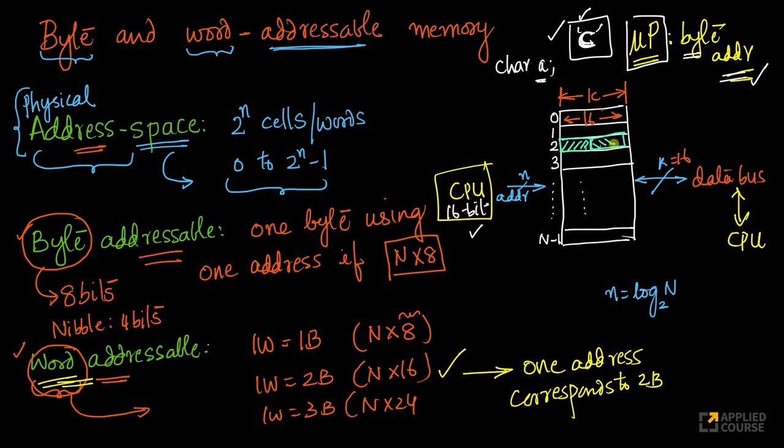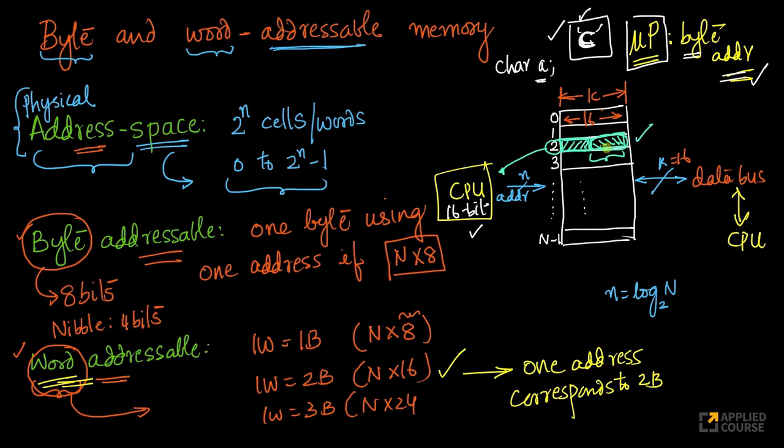This is 1 byte, this is the other byte. So if I want exactly this byte, what do I do? I tell the CPU to fetch this whole data that is there in address location 2. I'll ignore the first byte, the first 8 bits. I'll only use the second 8 bits.